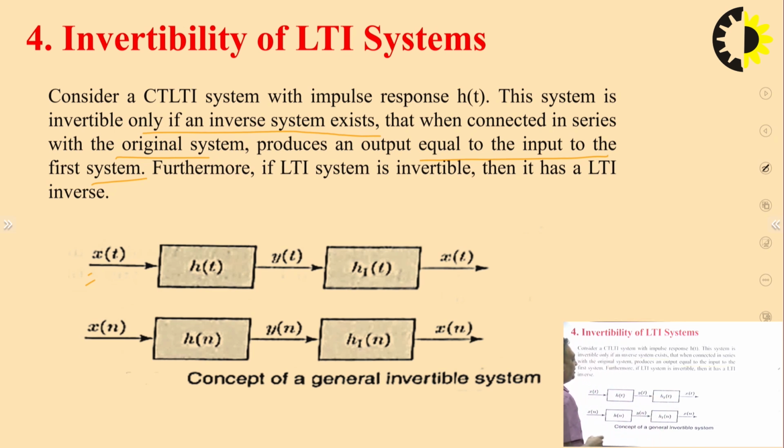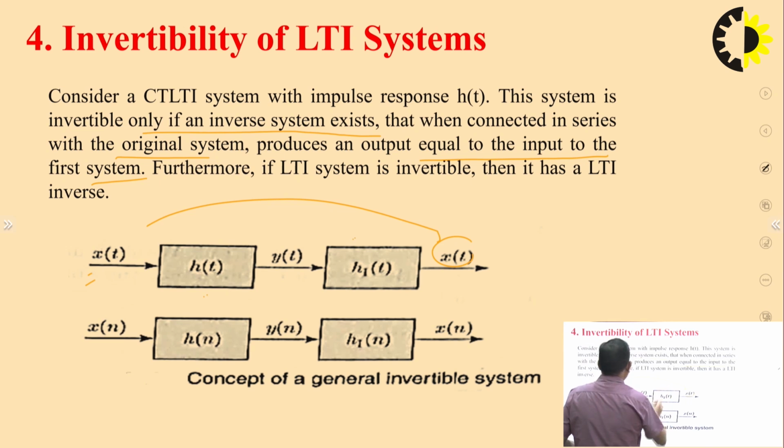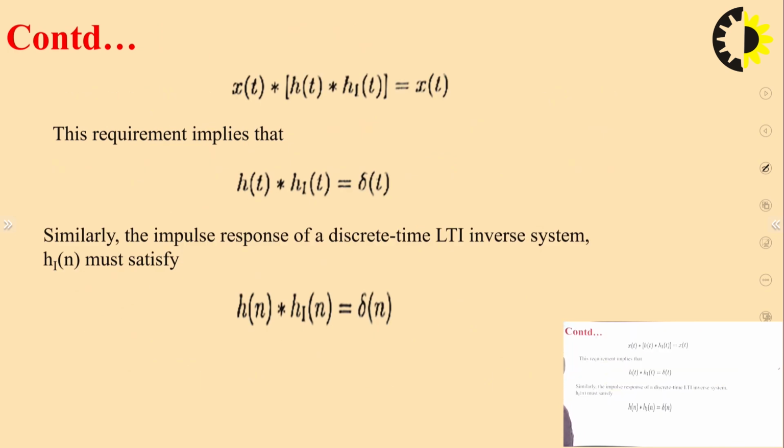When y(t) is applied as input to this second system, we get back the same signal that was applied to the first subsystem. If this type of system exists, then the system is called invertible, and this second system is called the inverse system. This is applicable to both continuous and discrete systems.